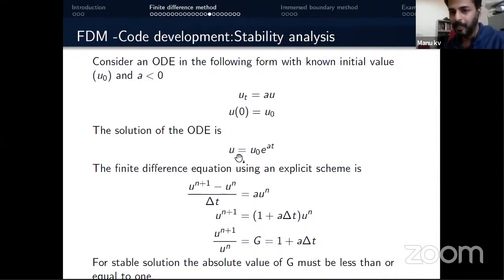We all know exponential growth problems, like pandemics growing exponentially. This is the exponential growth equation, and we can write the finite difference formulation. This is the explicit formulation.